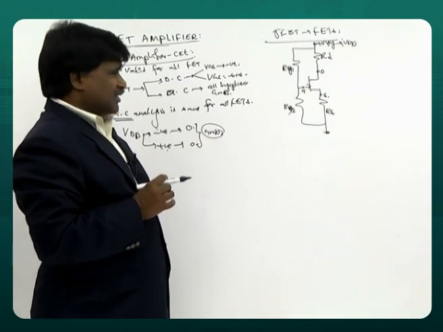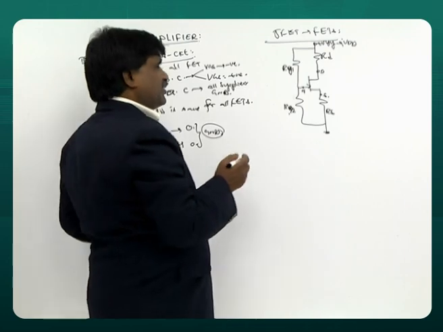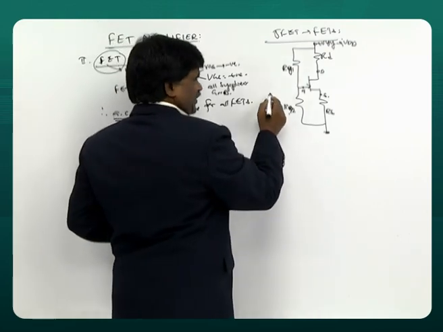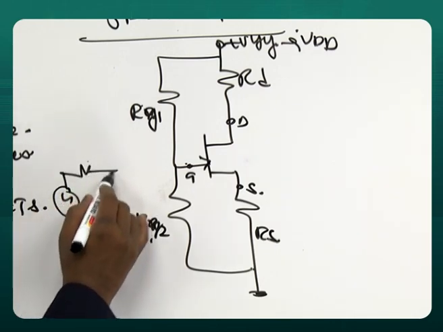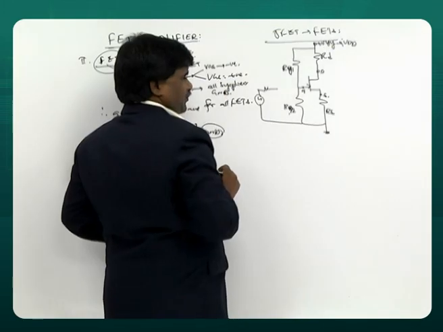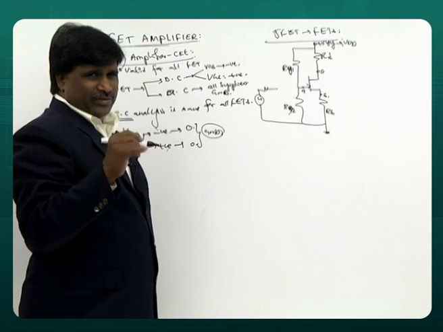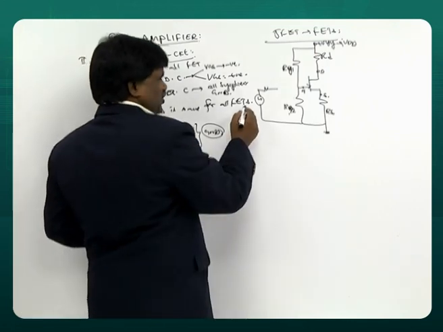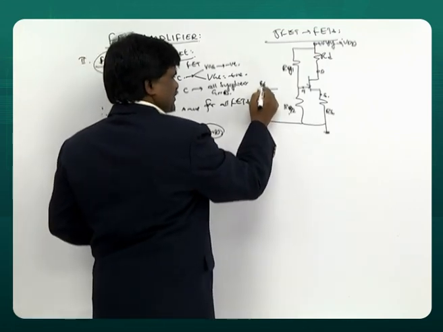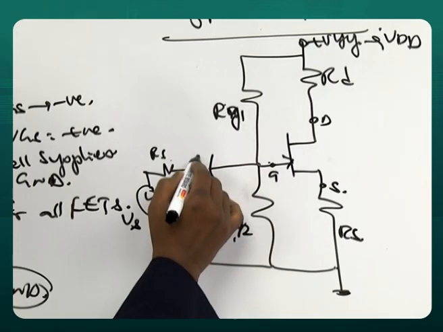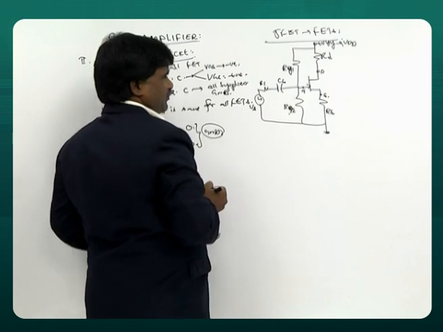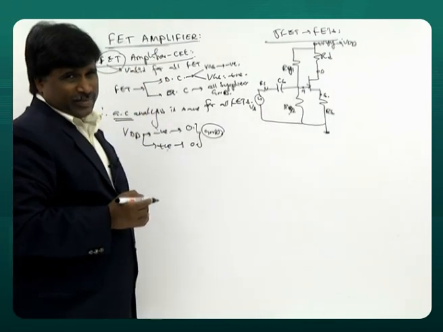This is a biasing circuit. To make it an amplifier, I need to give AC. If I am giving a source, there must be some source resistance. Every source will have a resistance inside. That's called source resistance, Vs, Rs. Then you have a capacitor here, Cb, the blocking capacitor.